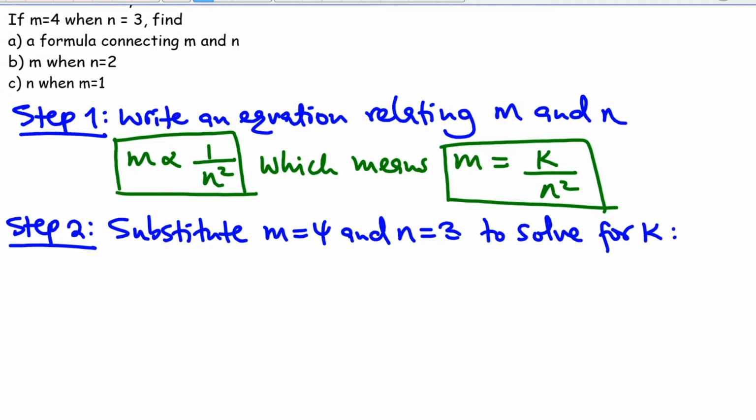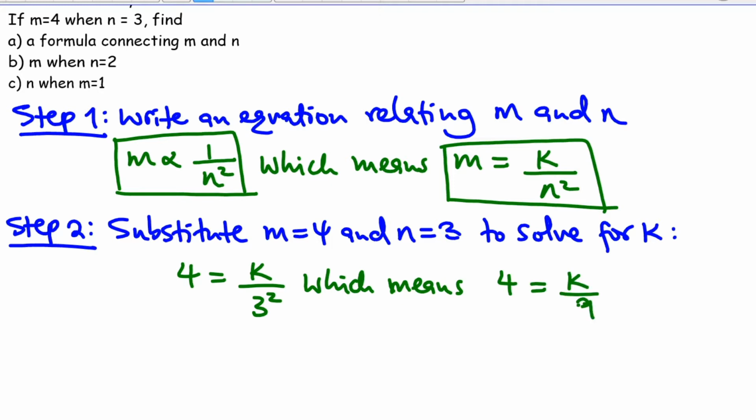So basically, if we substitute these guys, we'll end up with 4 equals k over 3 squared. 3 squared is 9, so that will be 4 equals k over 9, and k will be equal to, the opposite of dividing by 9 is multiplying. So k will be 4 multiplied by 9, which is 36. So k is equal to 36.